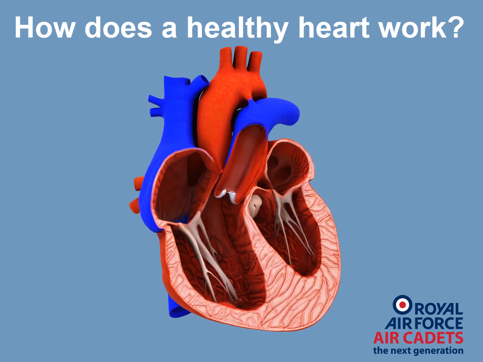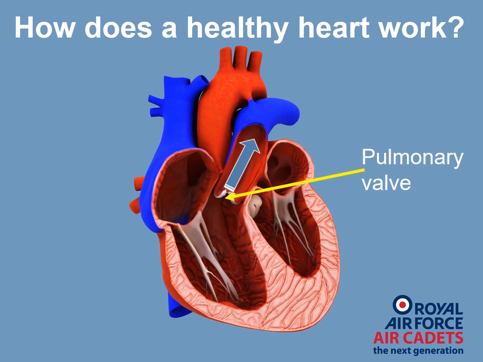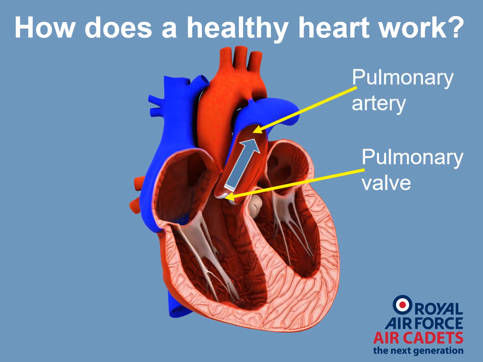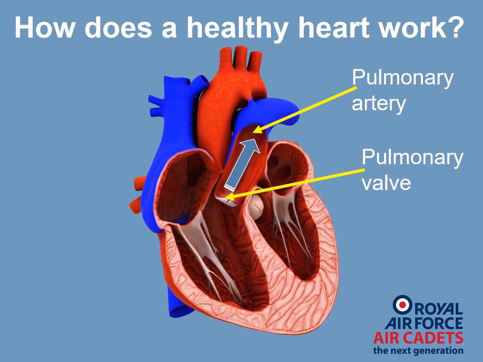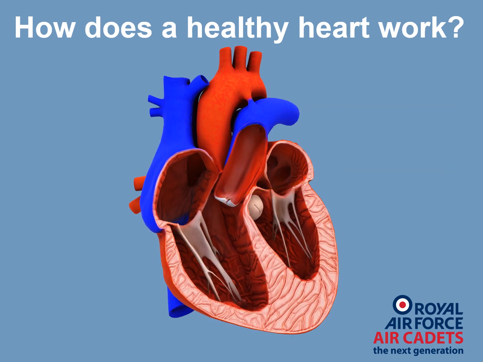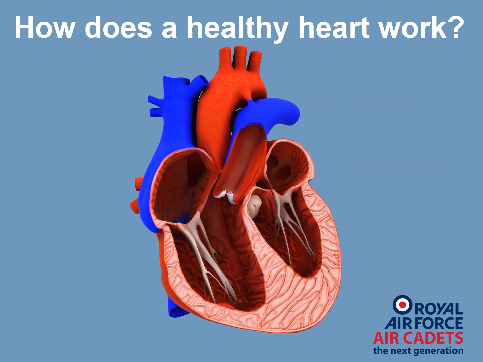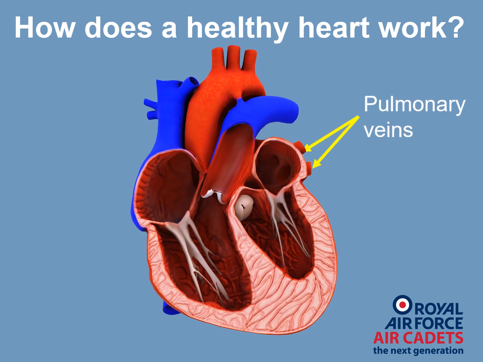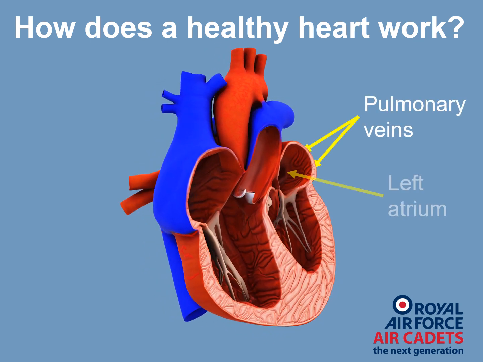From here, it gets pumped through the pulmonary valve into the pulmonary artery, which takes the deoxygenated blood to the lungs, where gas exchange allows it to pick up oxygen again. This oxygen-rich blood comes back through the pulmonary veins into the left atrium.